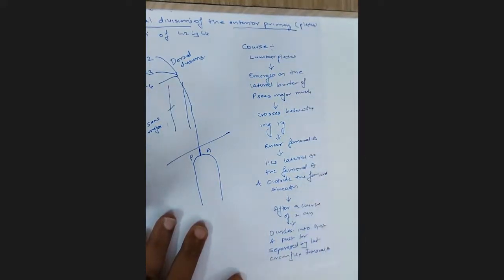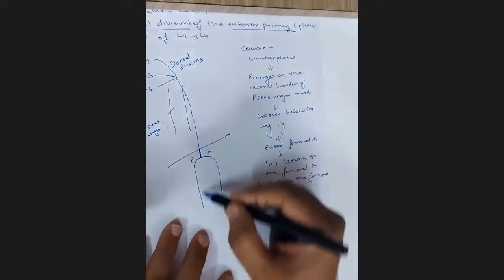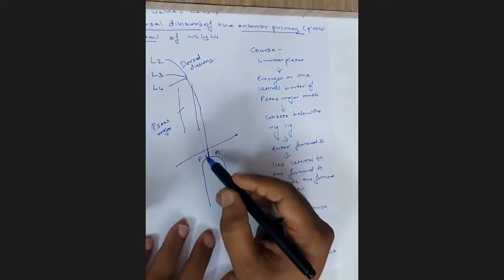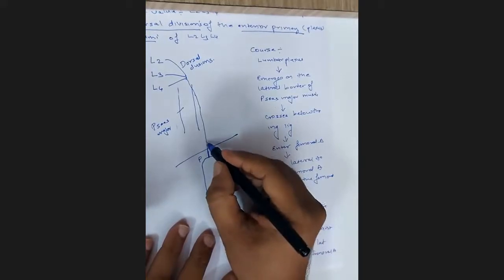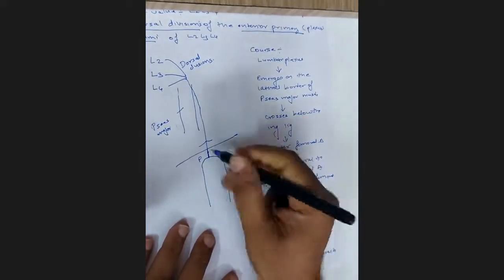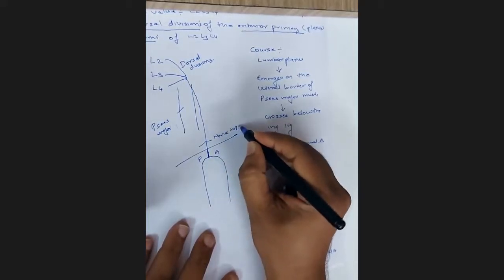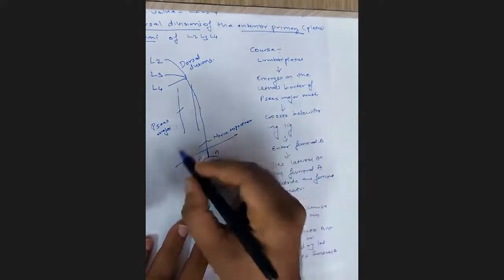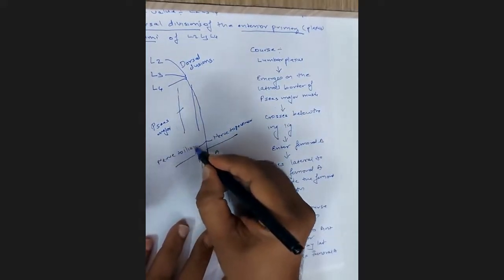So in a flow chart, I have written the course of the femoral nerve. Here I have drawn a diagram also. So this is the psoas major, and before coming into the femoral triangle, it gives two branches: one is nerve to pectineus, and another is nerve to iliacus.